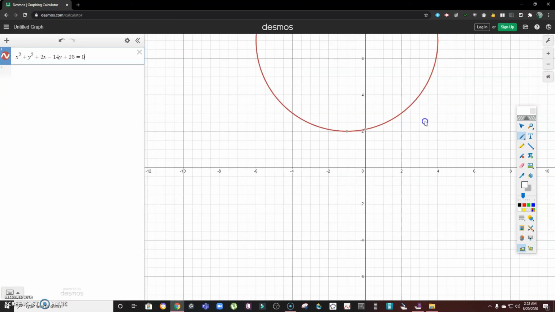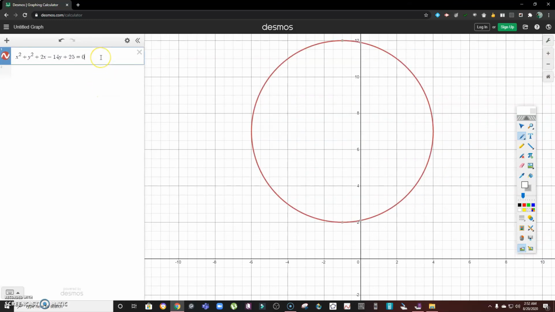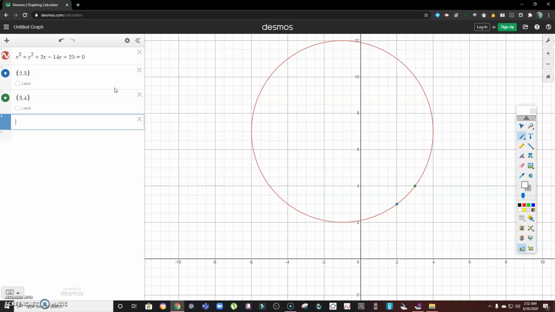So here it is. Now let's show the point (2, 3), and the point (3, 4). You can always do this so that you're confident your work is correct. There you go, those are the 3 points.